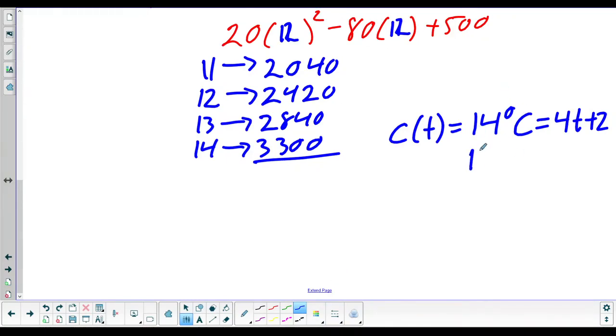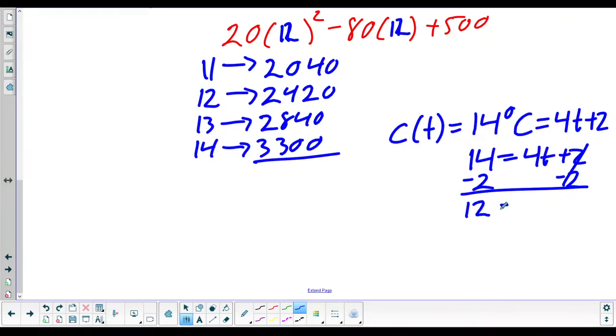So we have 14 equals 4T plus 2. We want to get T by itself. So let's start by undoing this plus 2. So we're going to subtract 2 on both sides. These cancel, and we get 12 equals 4T. Now this 4 is multiplying to the T. So to undo that, we need to do the opposite.